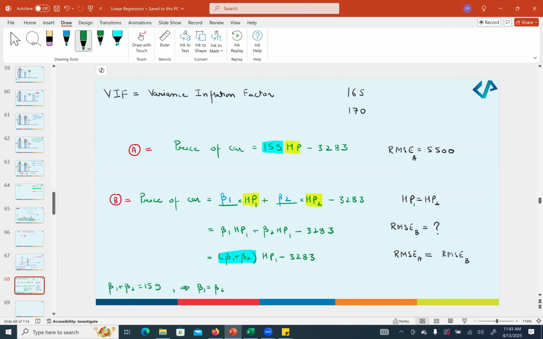I cannot say that horsepower 1 is more important than horsepower 2 or vice versa. So I will equally split it. If this is correct, can't I say here 2 beta 1 is equal to 159? Which also means that beta 1 equals beta 2, which is 79.5. It's 160, then 80.